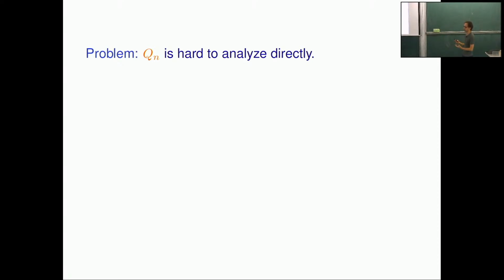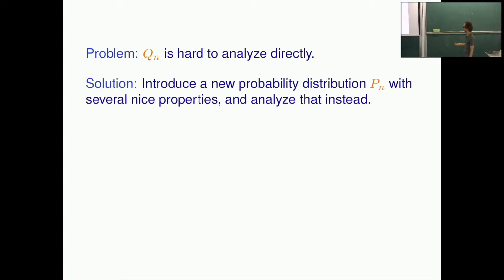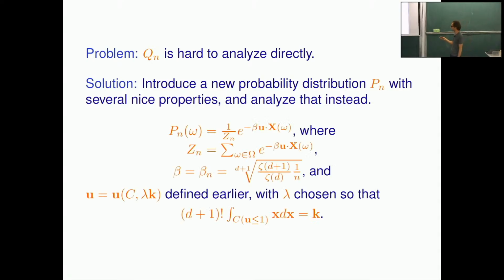There's no independence between the value of the function at the different points. So the technique is to introduce a new probability distribution P of n that's easier to analyze, and I'll point out exactly what the good properties are.